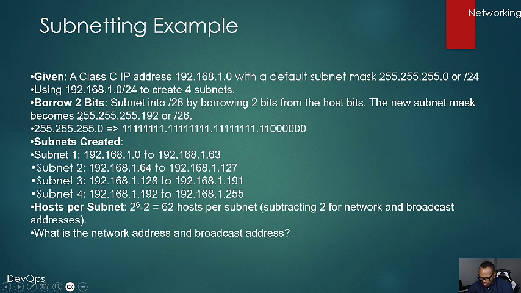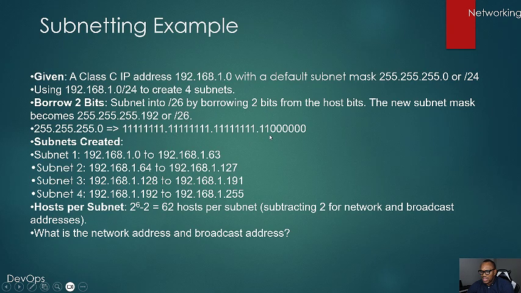So the new subnet mask now is 255.255.255.192. Now, if you don't understand how I get this 192, please try and watch my first video on networking. I will put the link below, and you will understand how I get 192. Just convert this to decimal, and you will get 192. So this is the subnet mask, and the CIDR is /26.